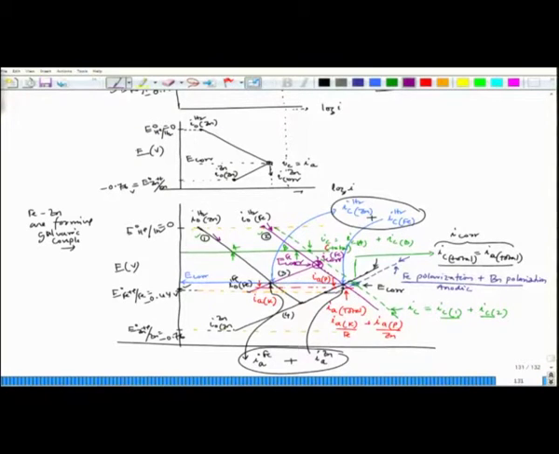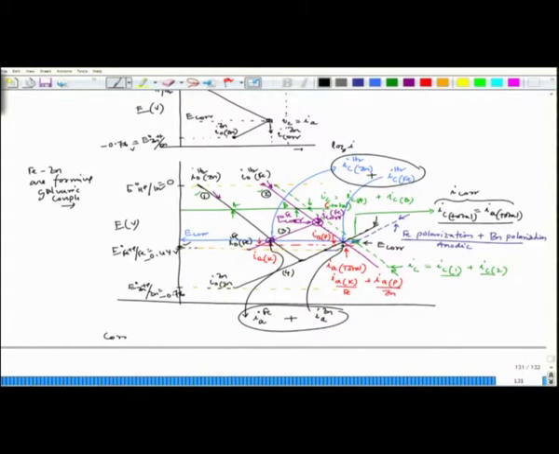So, now after joining, the corrosion rate of iron has reduced from this value to this value. So, that means the corrosion rate of iron has reduced when they are joined together.